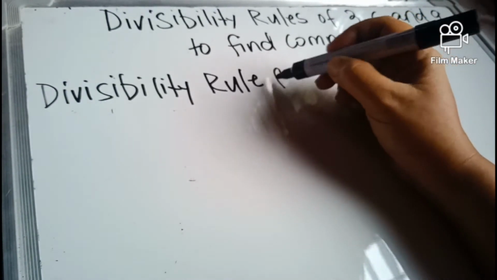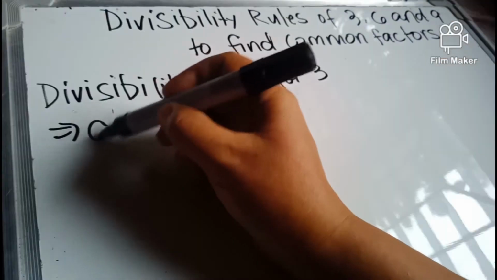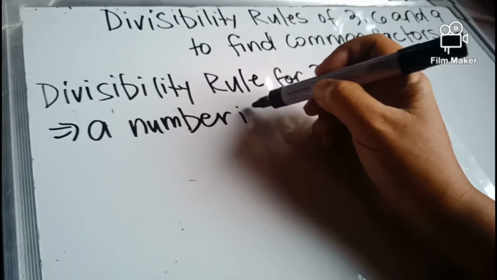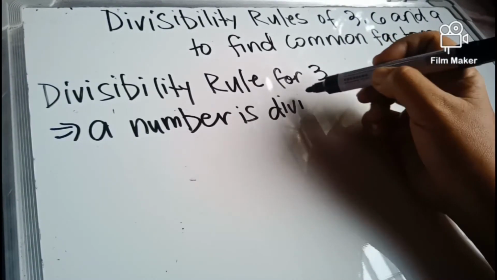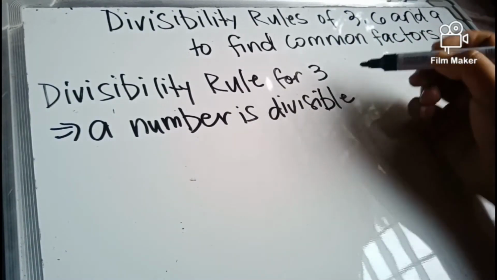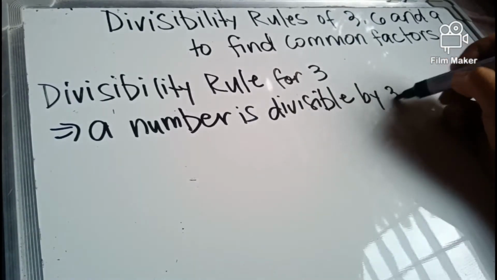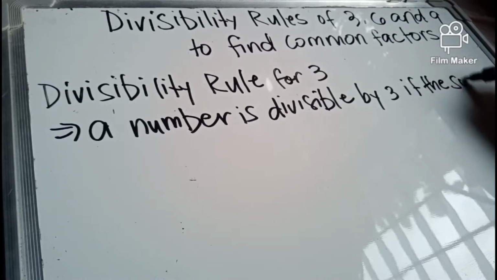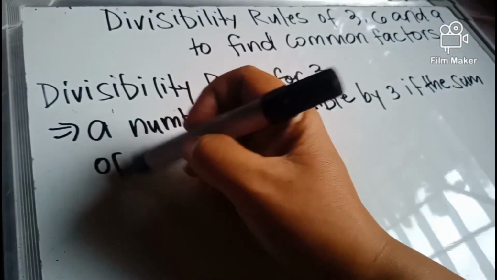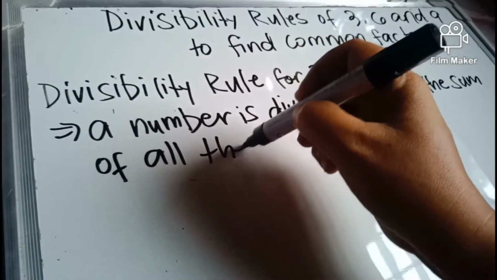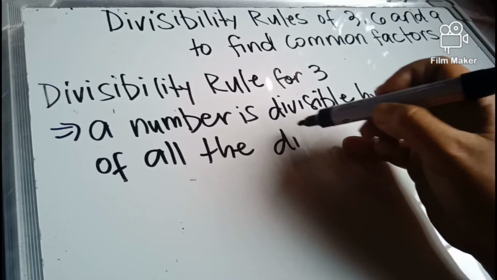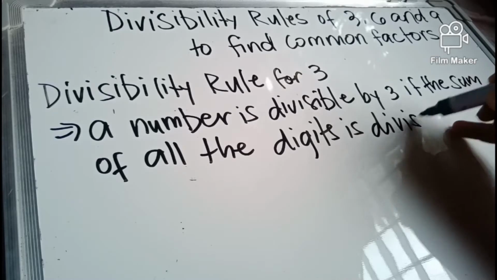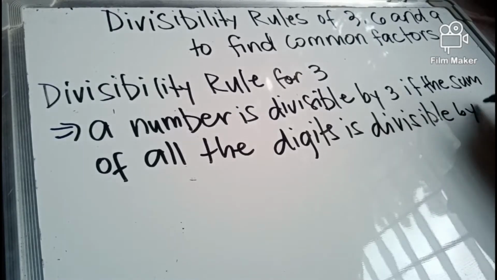Rule for the number 3. So, a number is divisible by 3 if the sum of all the digits is divisible by 3.